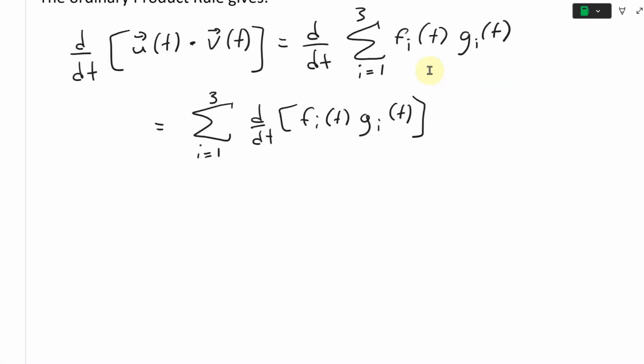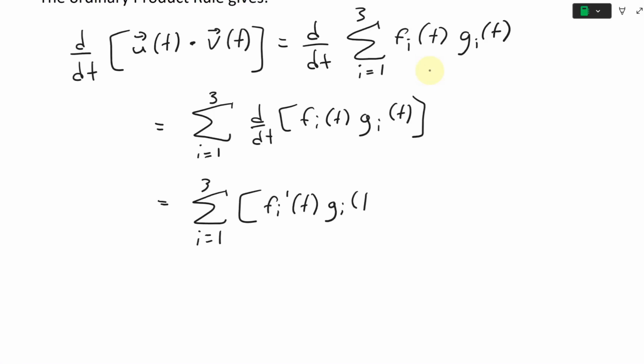In other words, we get a summation of the product rule of derivatives: the summation from i equals 1 to 3 of f_i prime of t times g_i of t, plus f_i of t times g_i prime of t. So that's the derivative of f times normal g, plus normal f times the derivative of g.